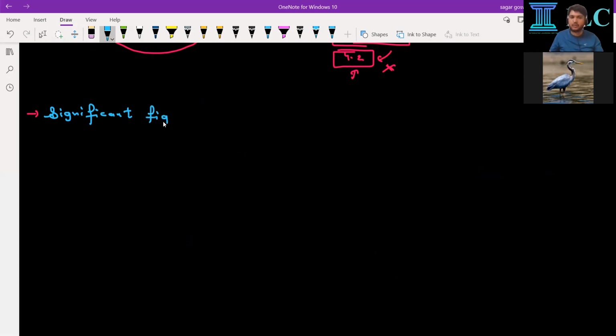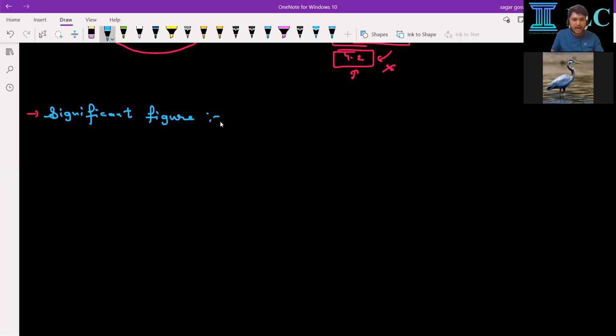We usually do rounding off. So significant figure is the total number of digits in a number, including the last digit whose value is uncertain, or all the figures which are significant for me. We have to write only those values which are significant, but those which are insignificant, not so important, I can neglect.